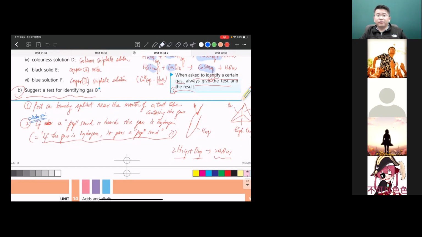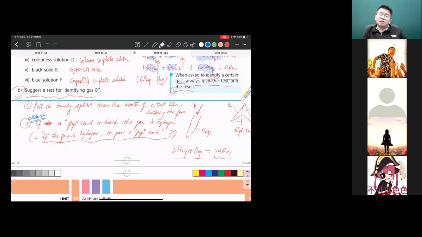Can you get my point? The second statement is just a factual description: if the gas is hydrogen, it gives a pop sound. A factual one. And deduction means that you treat the gas as unknown, you do the burning splint test, you follow the procedure, and you hear a pop sound, and you use these results to conclude that the unknown gas is hydrogen.